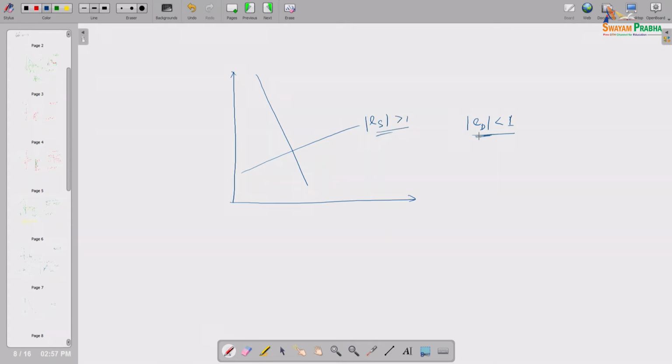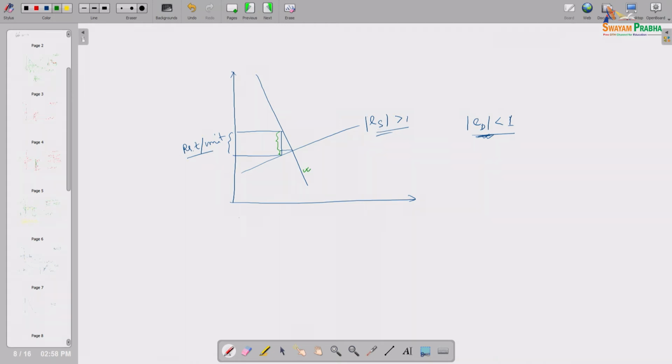So, customers will be forced to pay the larger share of the wedge of the tax. Suppose this is the tax, rupees T per unit. Look here, out of that rupees T, this much customers are paying, and only this very small amount sellers are paying, because elasticity of demand is very low relative to elasticity of supply, which is large.